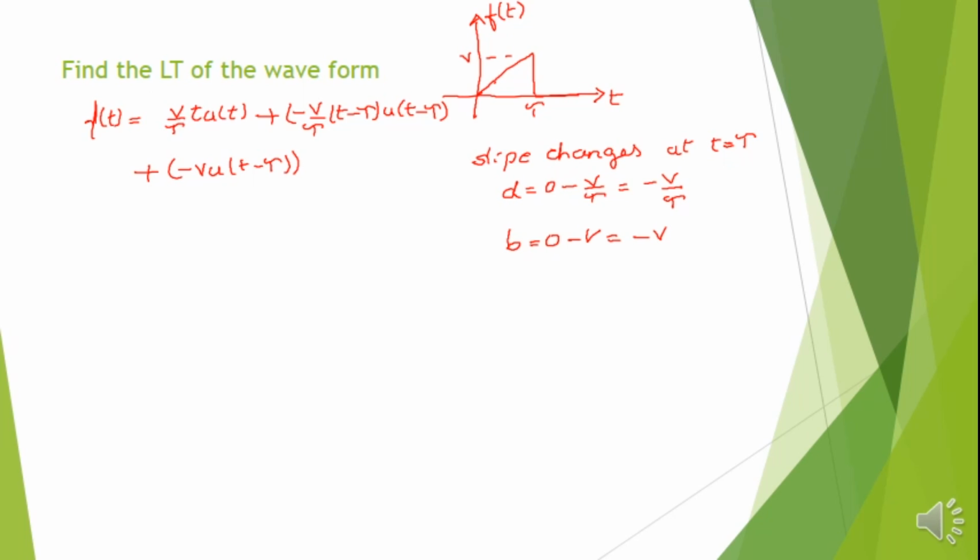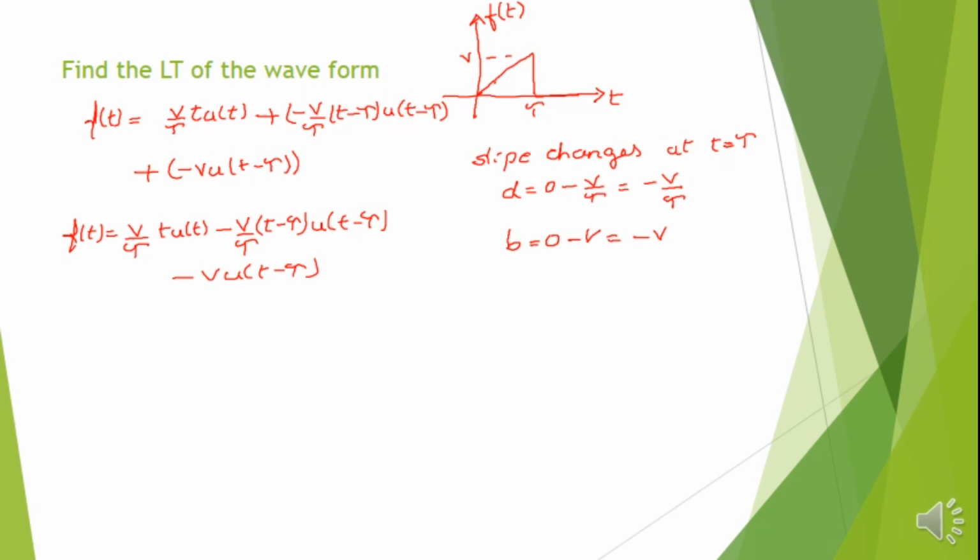Now there are no further changes; the magnitude as well as the slope of this line is 0. So this is the expression for f of t. Once again, f of t equals V by tau t u of t minus V by tau (t minus tau) u of (t minus tau) minus V u of (t minus tau).